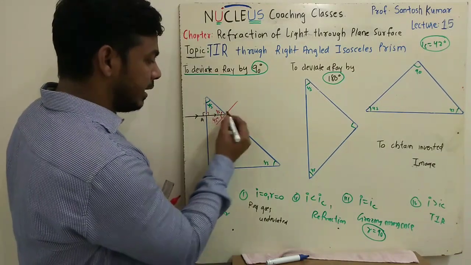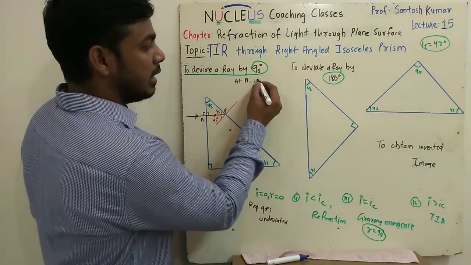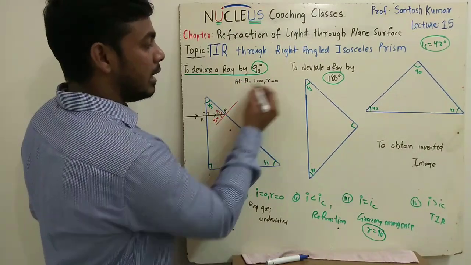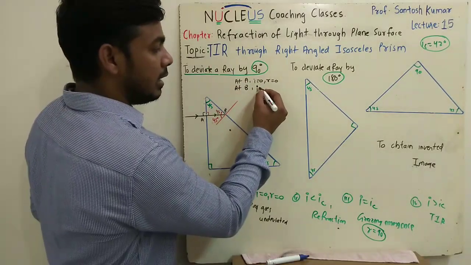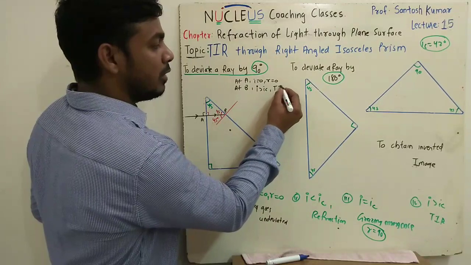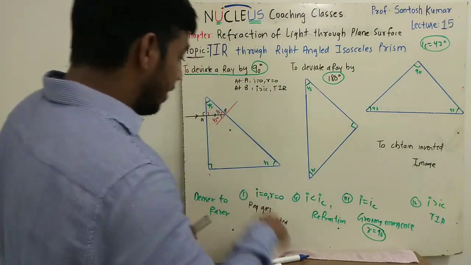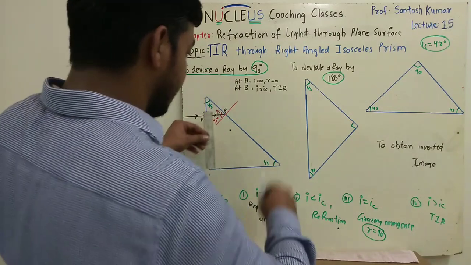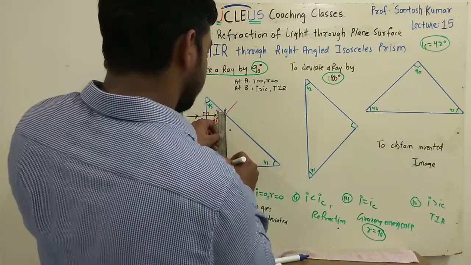Let's say this is point A and this is point B for reference. At A, i is 0, r is 0. At B, what happens? i is more than ic, so total internal reflection occurs.